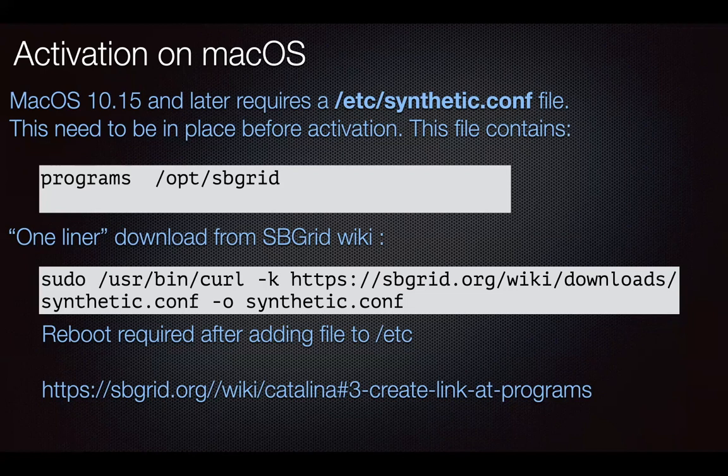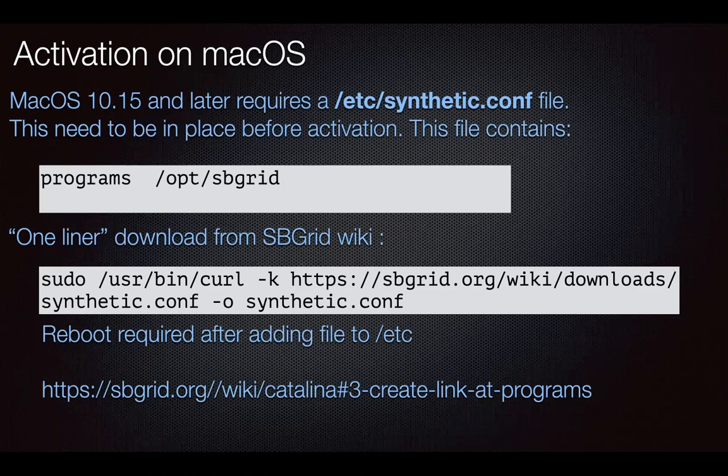So to make that work, Apple has a workaround, and it's in the form of this file called synthetic.conf. So if you create this file, you put in just this single entry, where you want the root link to be and where you want to point it, and then you reboot your machine, and you can create the link.